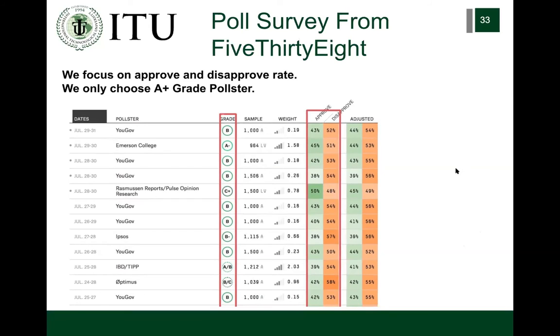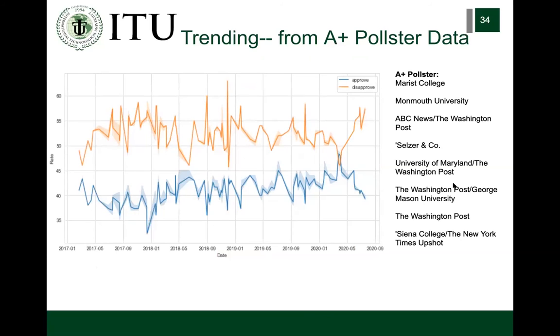And from this chart, we can see the trend. From 2020, the approval rate increased in March, and then the approval rate decreased until right now. And the disapproval rate is the opposite of the approval rate. The disapproval rate decreased in March, and then it increased.